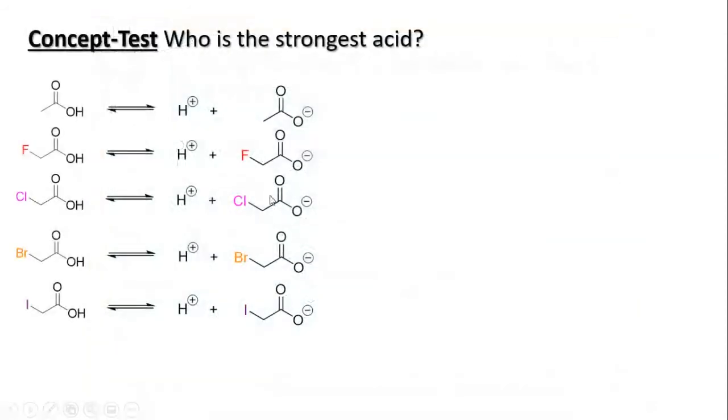Now, I got a common mistake, or a lot of questions on this. Think first. Who's the strongest acid here? Ta-da! About half of the students would say that the one with iodine is the strongest acid.